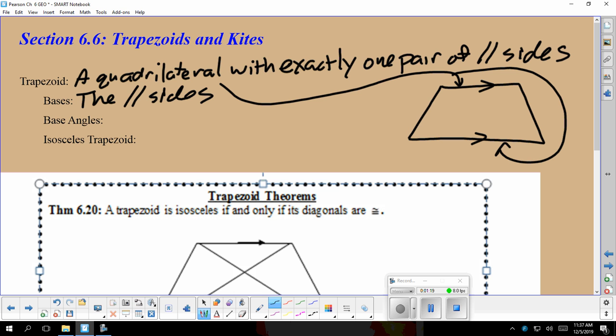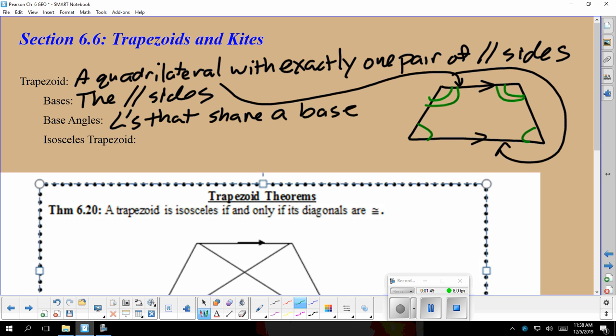The base angles are the angles that share a base. So we have two sets of base angles here. Those two, and those guys will be congruent if and only if it's an isosceles trapezoid.